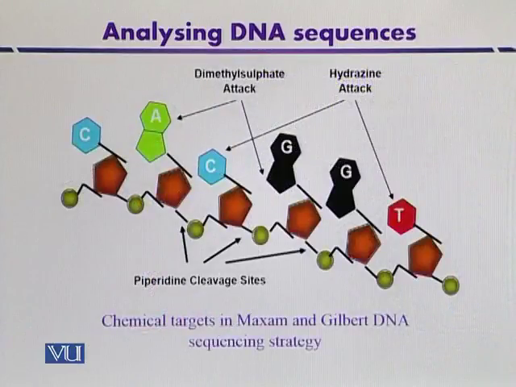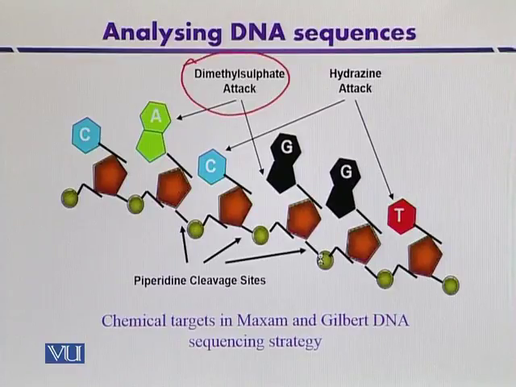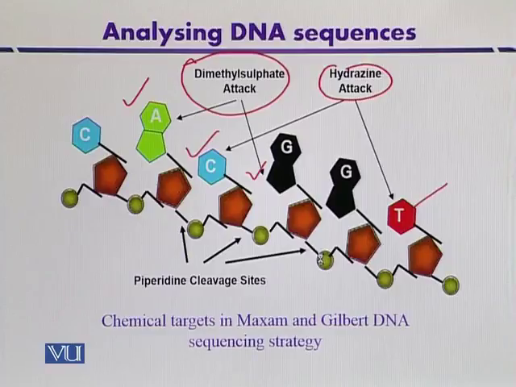So the chemical targets in the Maxim and Gilbert DNA sequencing strategy are shown here. Here it is dimethyl sulfate, the first chemical reagent that can attack adenine or even guanine, which are purine bases, and the hydrazine chemical can attack cytosine or thymine. So different chemical reagents can alter different sets of nucleotide bases.